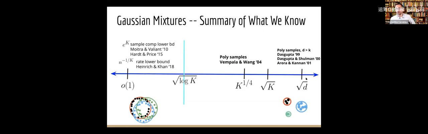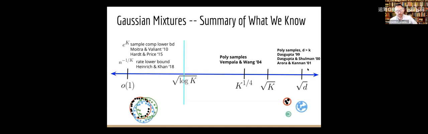Now, the first results for the mixture of Gaussians were actually positive results. Dasgupta in '99, and then various follow-up works, showed that we can do quite well when we have this root D separation.